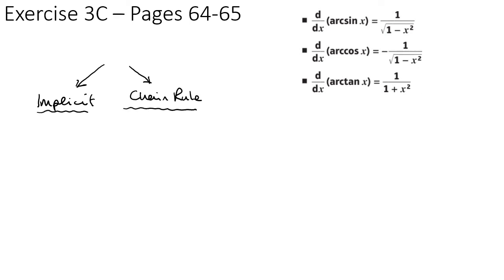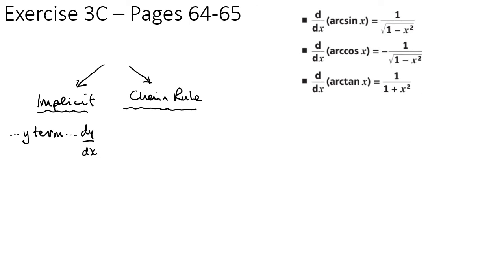With implicit differentiation, anytime we differentiate a y term, we need to make sure that we put dy/dx after it to show that it's implicit. We're differentiating a y term as if it were an x, so we put the dy/dx after it, and then normally after that we make dy/dx the subject.